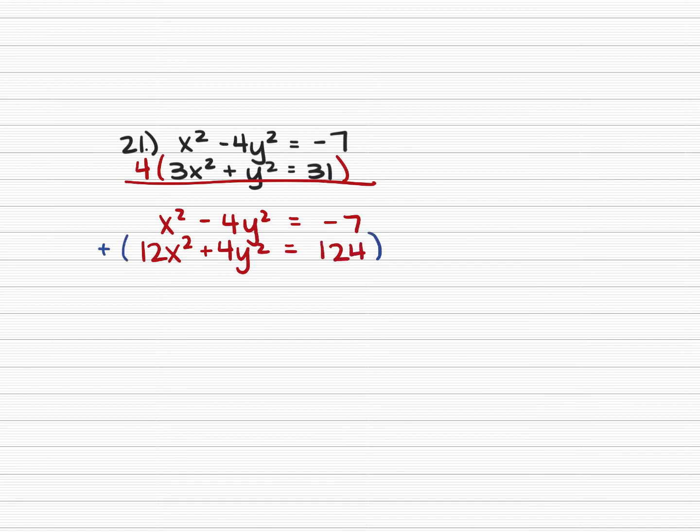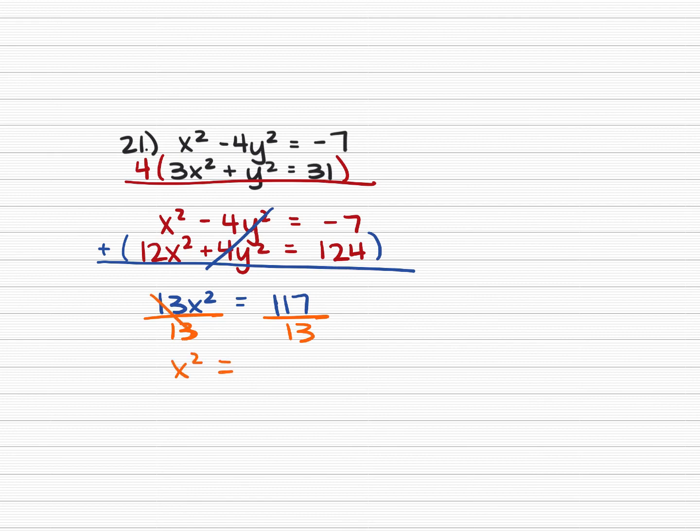If we add these, we're just combining like terms, we get 13x squared, those y's cancel out, is equal to 117. From here, we can divide each side by the 13, and we get that x squared is equal to 9. You want x, not x squared. So take the square root of both sides, and you get that x is equal to negative 3, as well as x is equal to 3.